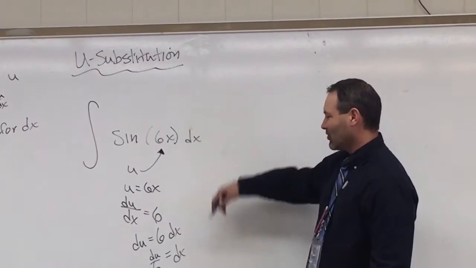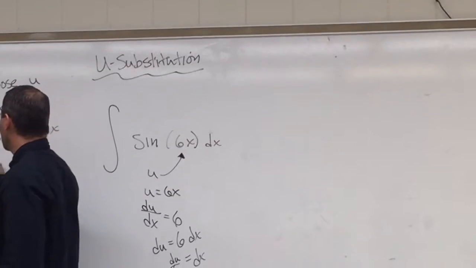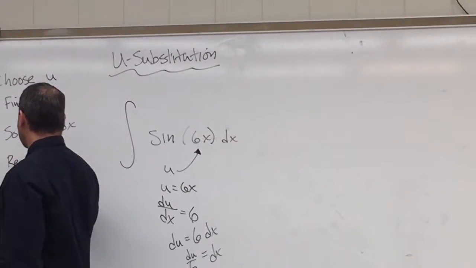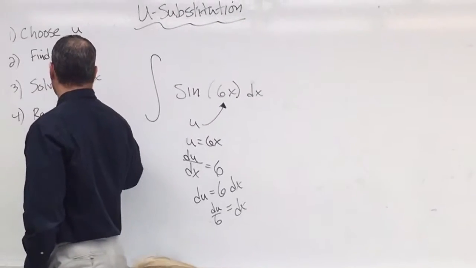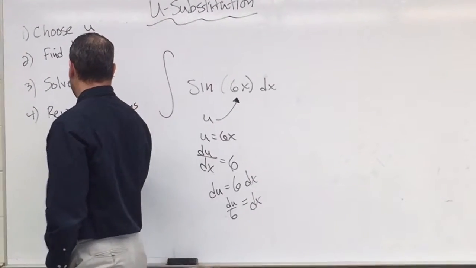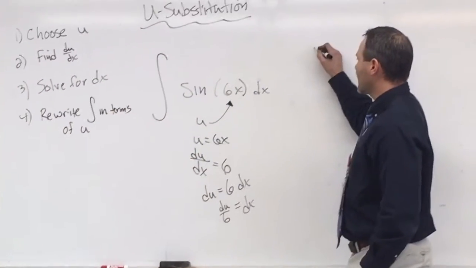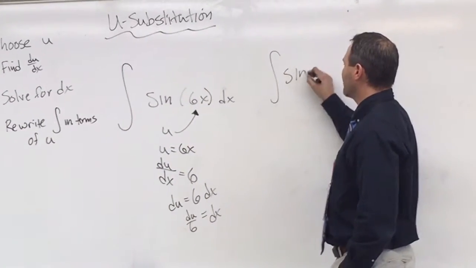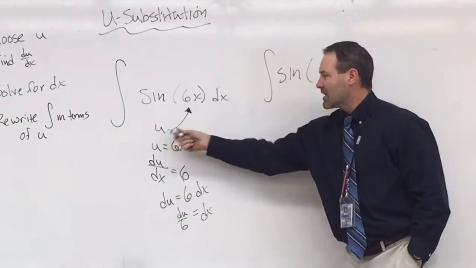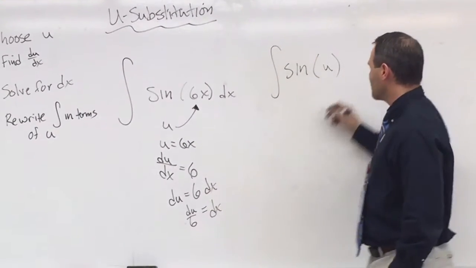Okay, so the only reason we did that is so that we could rewrite our integral in terms of u. So now I have the integral of sine of 6x, that is our u, and our dx is du over 6.